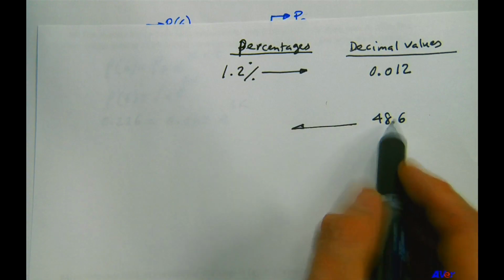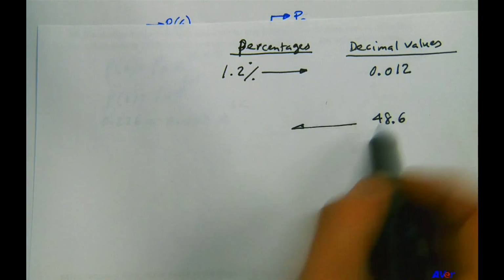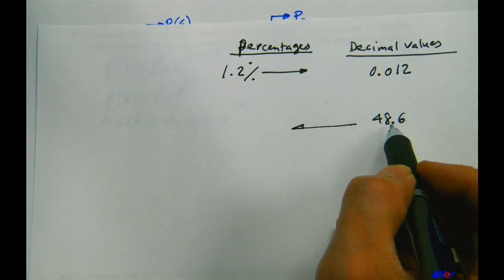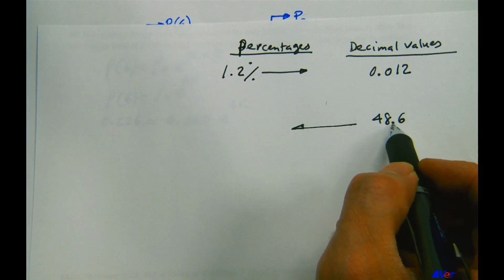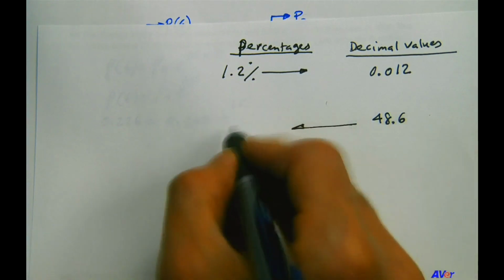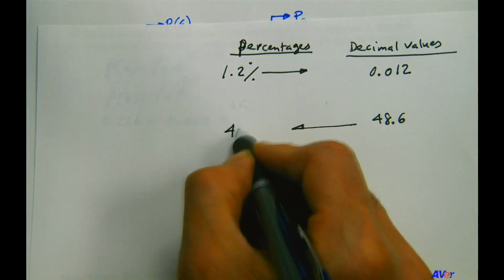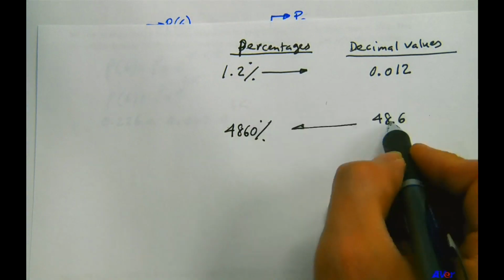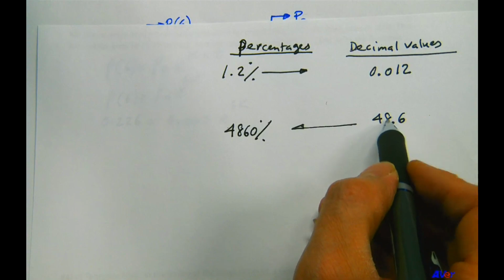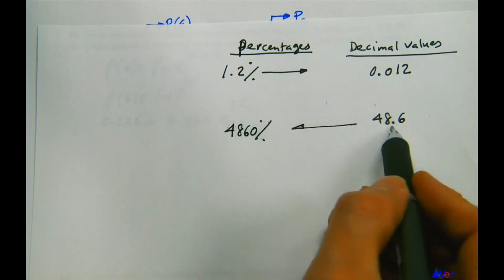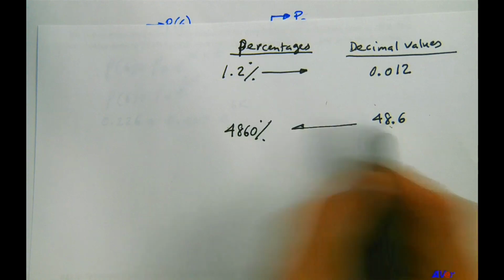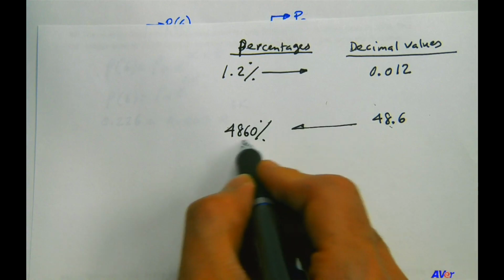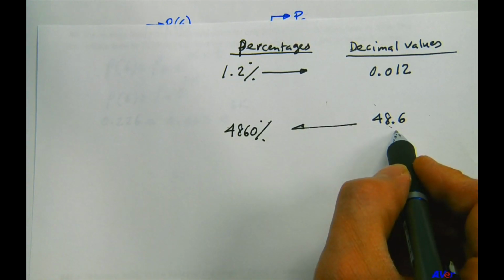If this is a growth rate, then this would be 4,860%. If you want to convert a decimal to percentage, you multiply by 100 to get the percentage form. Going back, you would divide by 100.